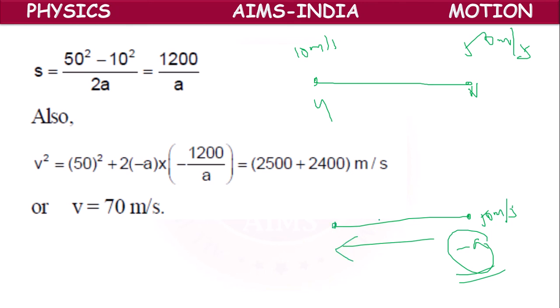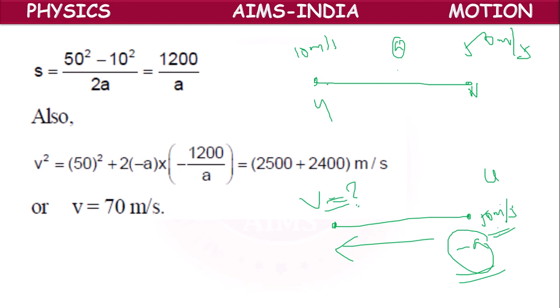Now the question is: the beginning velocity is u, in the first case the acceleration is a, and in the second case the acceleration is minus a. After coming to the starting point, what is the velocity? That we have to find.